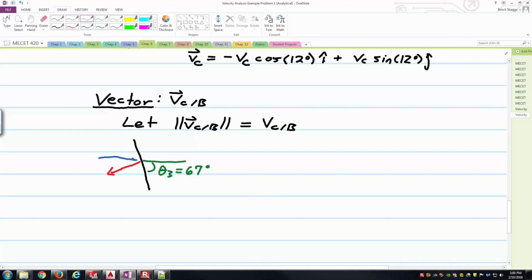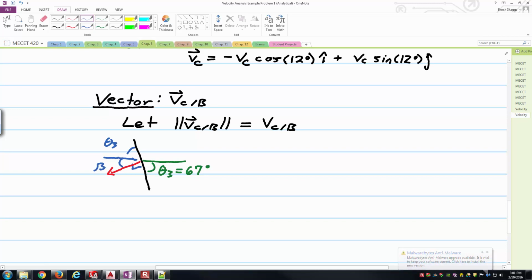That was not a very good straight line. Here's a halfway decent straight line. We know this angle is 90 degrees. Alternate interior angles would tell me that this angle is also going to be theta 3 here. And so I should be able to come up with this value here. Let's call that beta again here, where this beta is going to be different than the beta above.